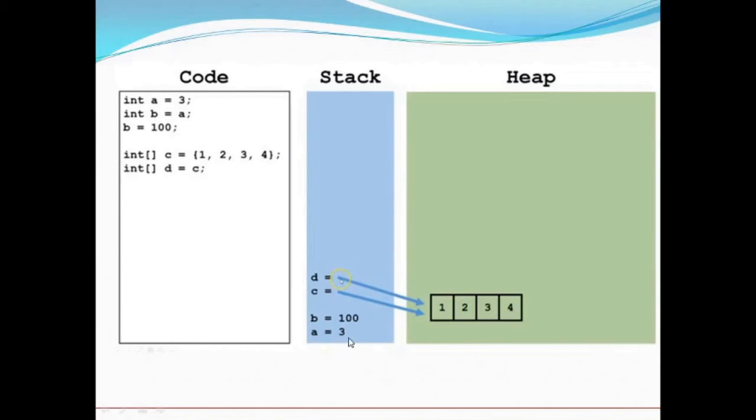So a equal to 3 will be stored. Then int b equal to a will get executed, and b will be stored holding the value 3. I have not shown it here because it is superseded by the next line. Now I have done b equal to 100, so b will be 100, no problem. This is simple as it deals with primitive data types, and the whole story is done on the stack. There is no heap involved.